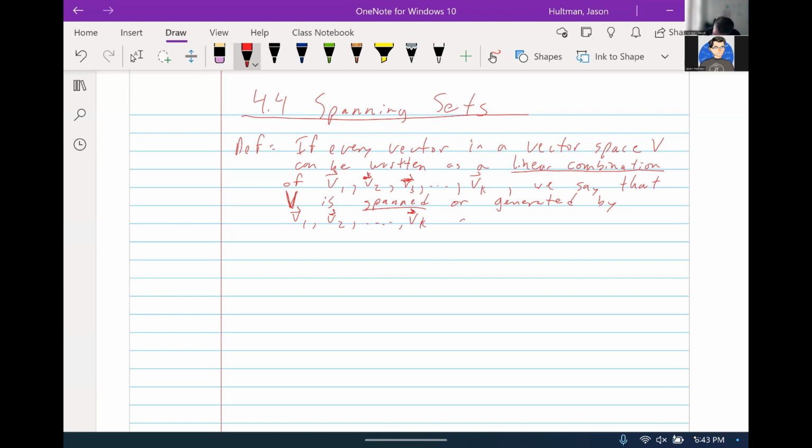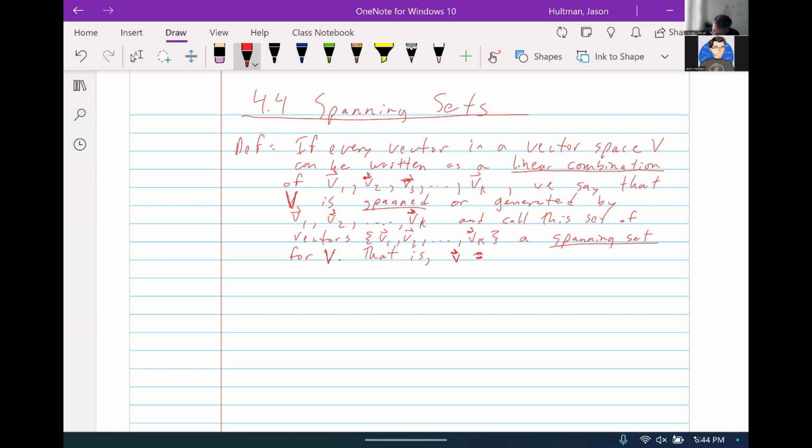Okay, and call this set of vectors v1, v2, ... vk, we call this set of vectors a spanning set for V. That is, we can write vector v as a linear combination.